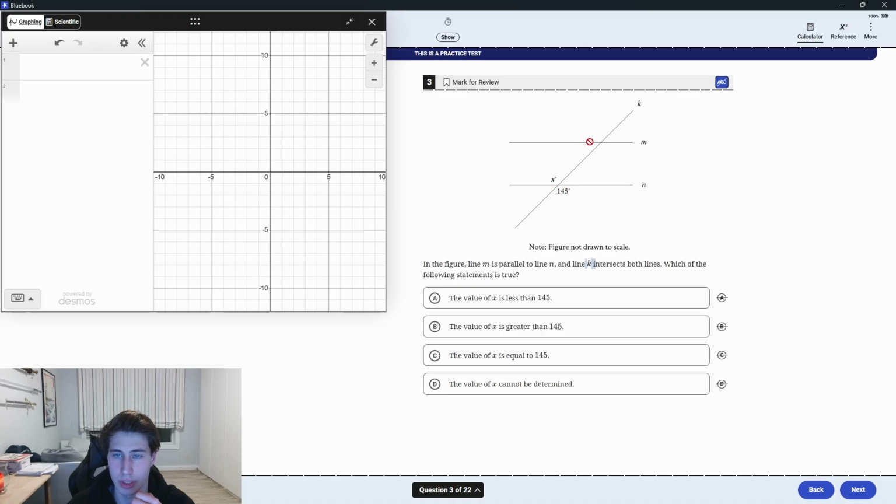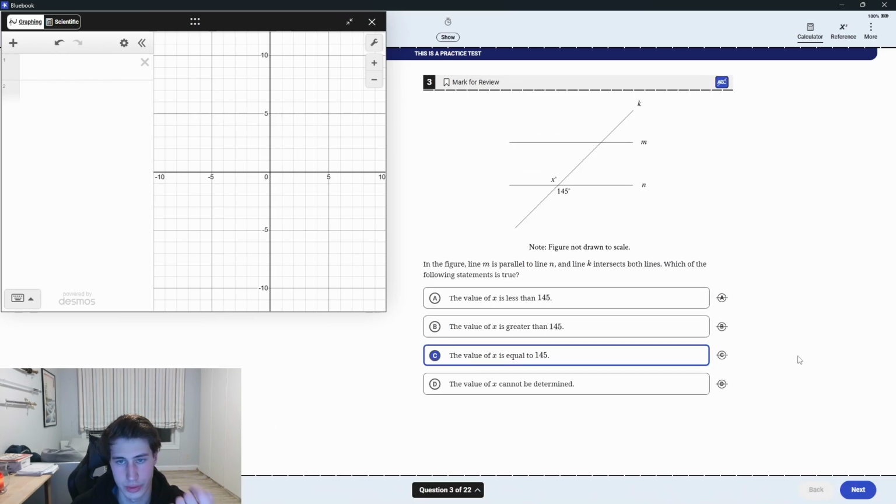This angle would equal this angle because they're alternate interior. These are alternate exteriors that equal each other, and the same thing goes for the other side. If this angle is equal to this angle, then this angle is also equal to this angle. So the value of x here would have to equal 145.